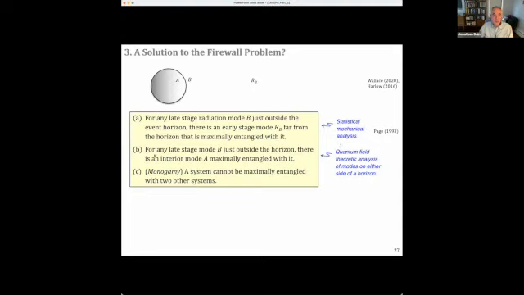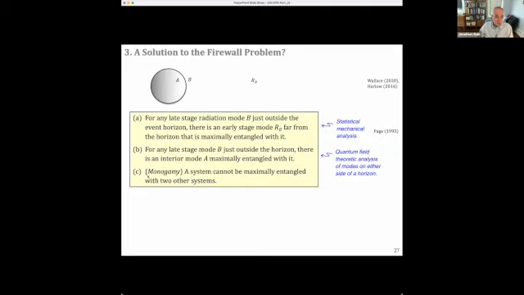The second claim is that for any late stage mode B, just outside the horizon, there's an interior mode A that's maximally entangled with it. And this follows from a quantum field theoretic analysis of modes on either side of an event horizon, similar to the analysis that we considered in the context of quantizing a field in a background spacetime.